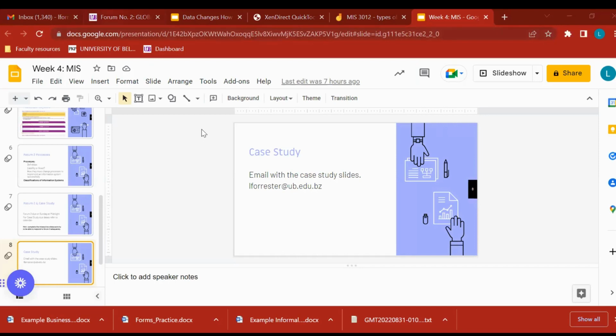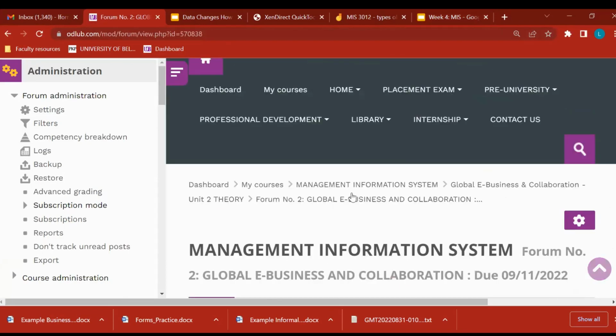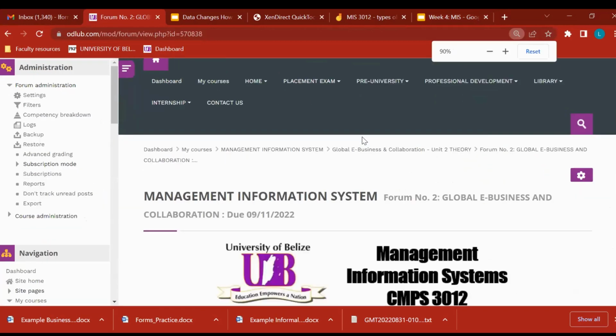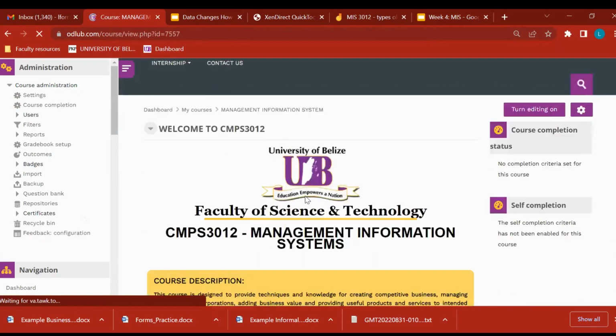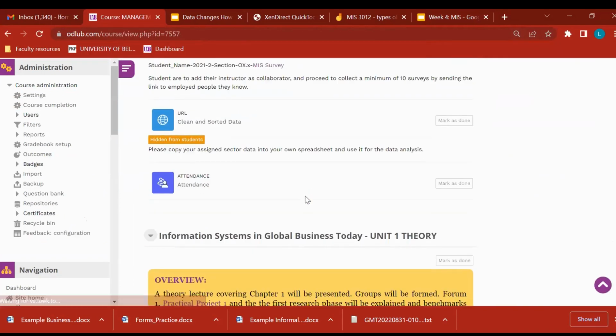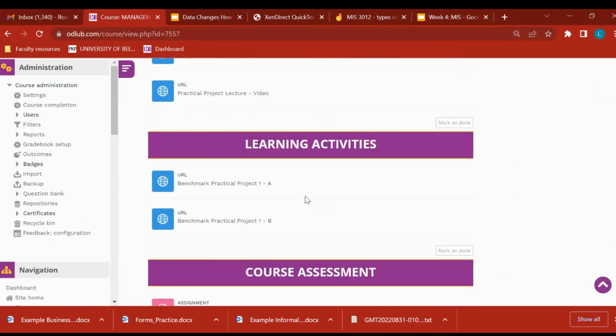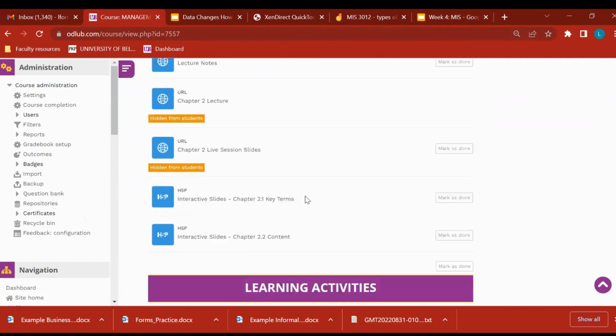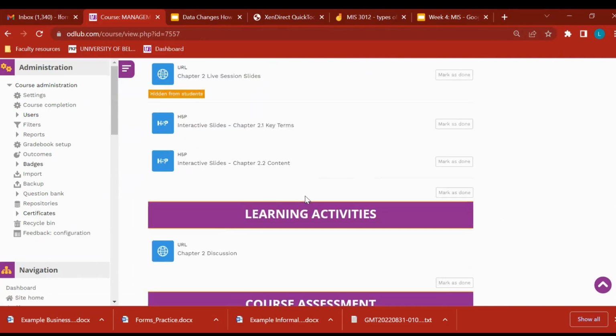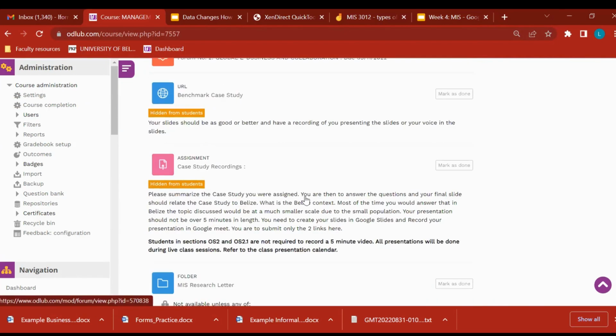Just a minute, let me go into the classroom. So on Moodle, you'll be able to see those assignments listed there, your forums, your practical projects. And in addition to posting the practical projects, Dr. Ryan has also included benchmark projects, just in case you're working on an assignment and you're not quite sure what the outcome should be.